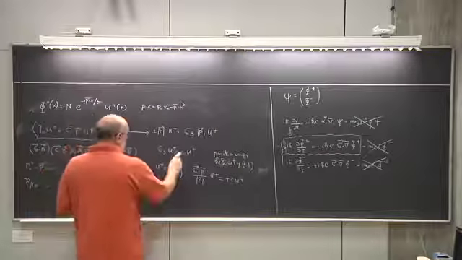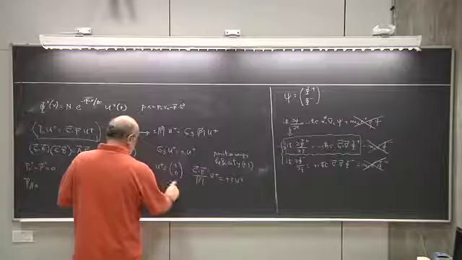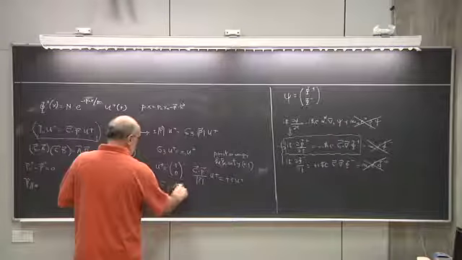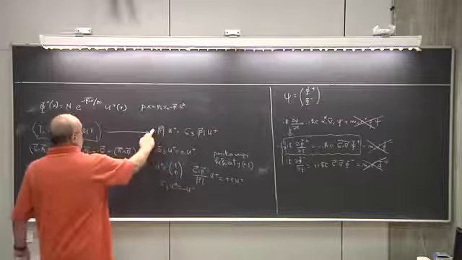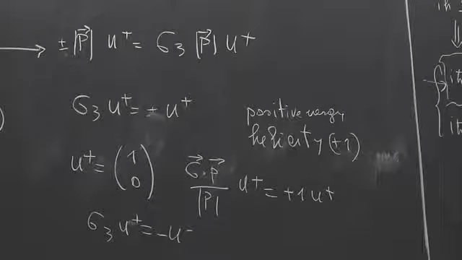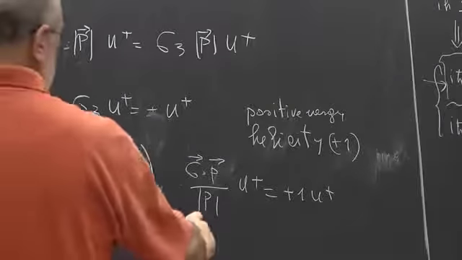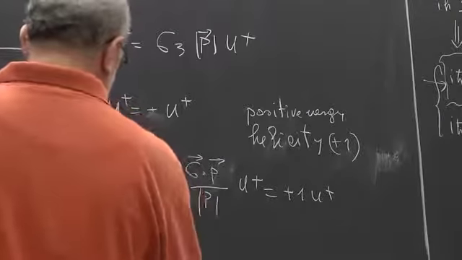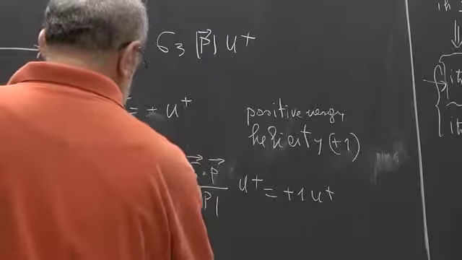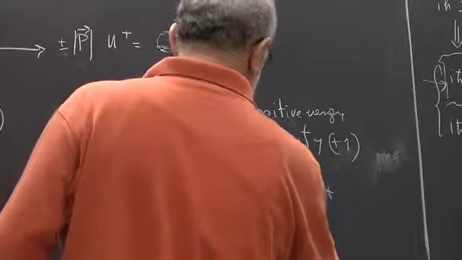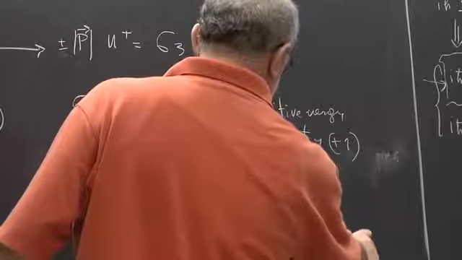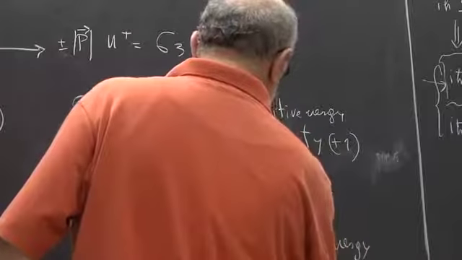If we choose negative energy, sigma 3 u plus equals minus u plus. You understand, positive and negative energy is this object here. So I get minus, then the solution of this is (0, 1). So this is negative energy and negative helicity.